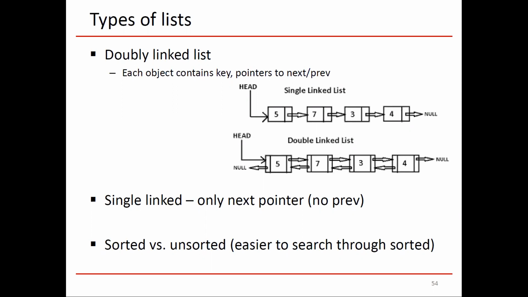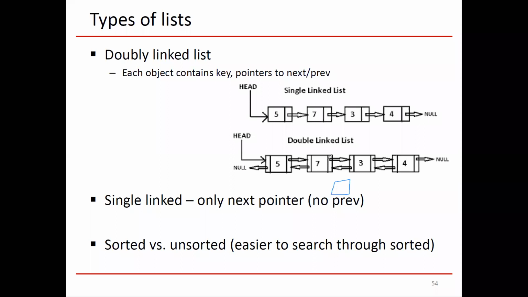By some local operations, let me annotate this. Suppose that you want to add an object between the 7 and the 3. So now you're going to point to this, let's call it 12. And 12's next pointer will point to the 3. 3's previous pointer will now point to 12.